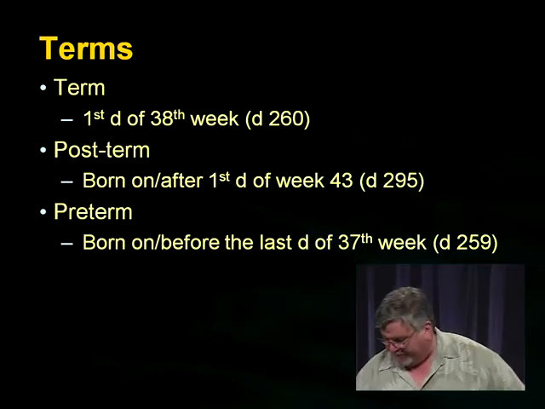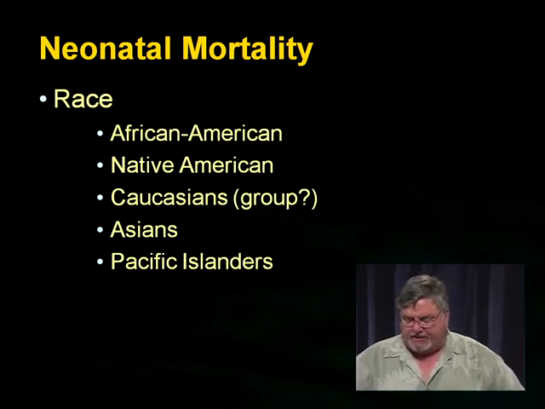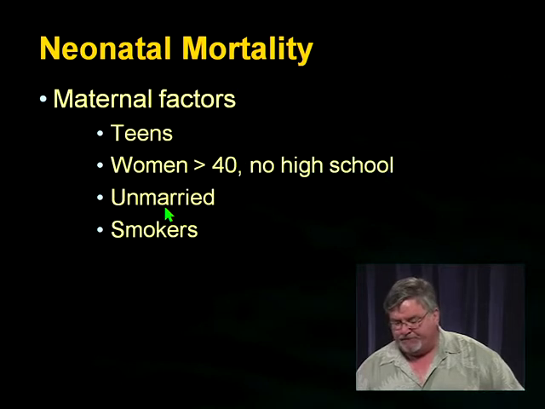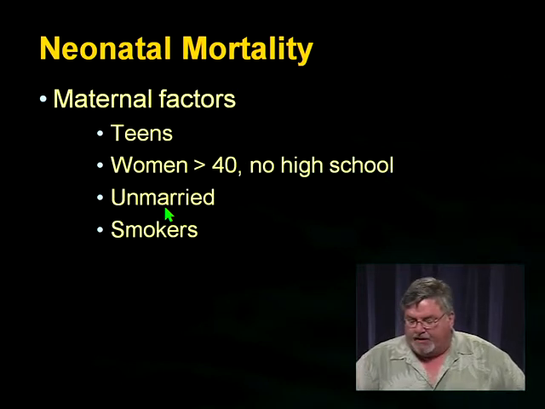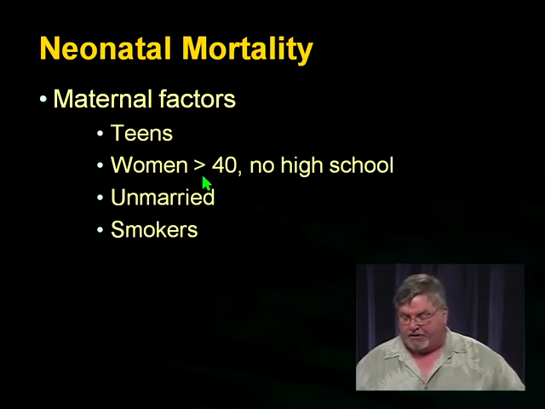I'm done there. Neonatal race: highest in African Americans, lowest in Pan-Pacific Islanders, and in terms of Caucasians, males are the group that die the most. That's why we're precious. Neonatal mortality, maternal factors, those are them. Women who are over 40, if you've been to high school, you're okay.